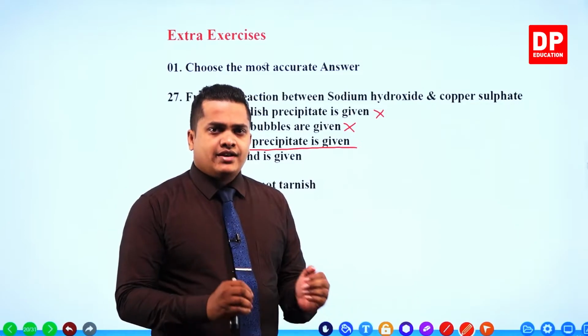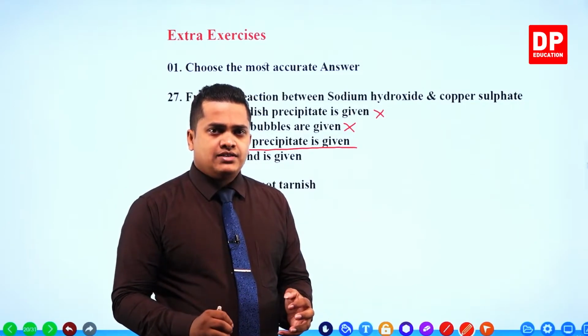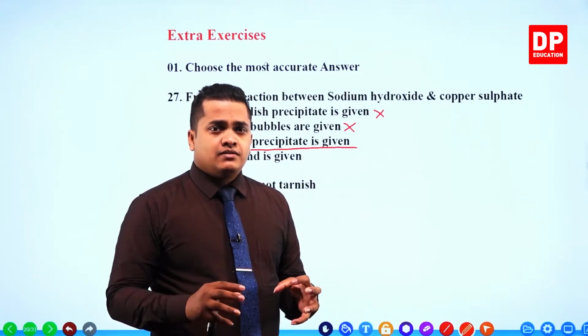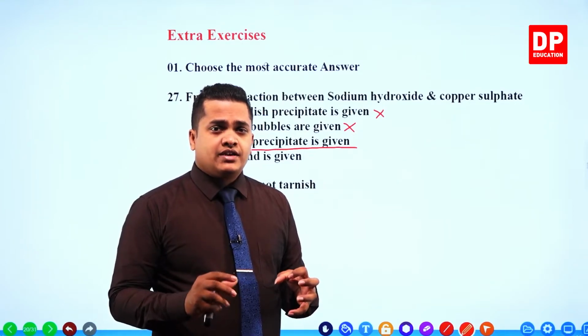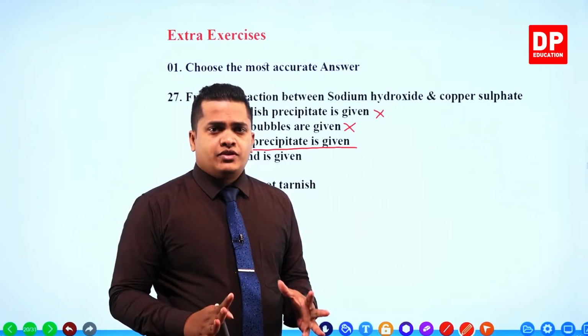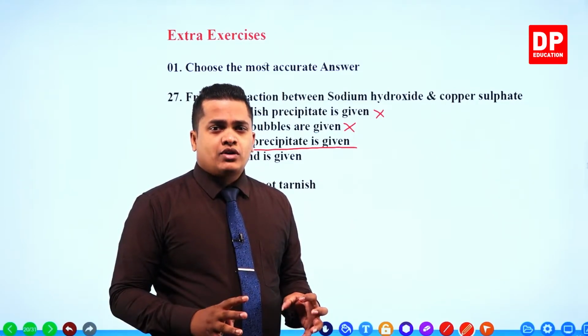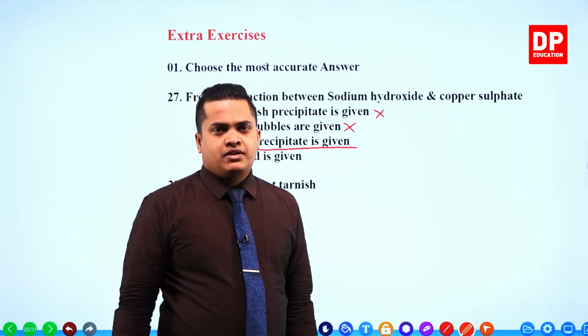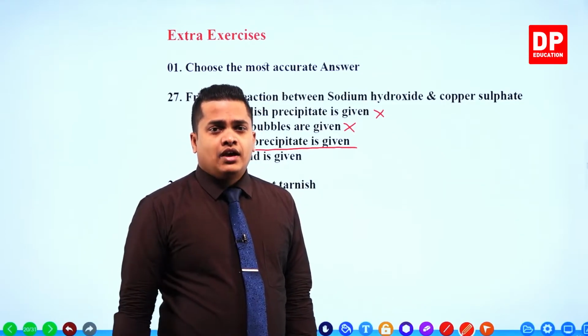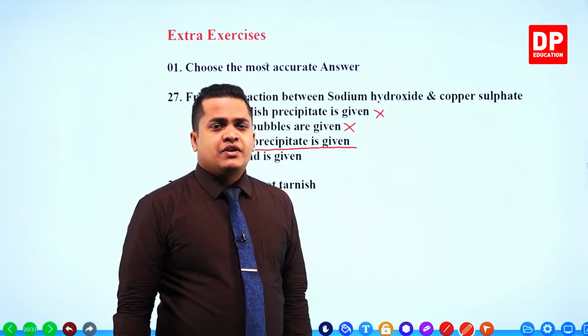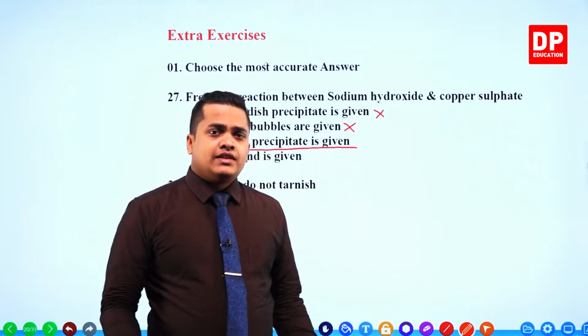If you take iron and compare it with magnesium, magnesium has overtaken iron by several units. So magnesium is going to tarnish very quickly in the environment, even quicker than iron. It's because of the reactivity.